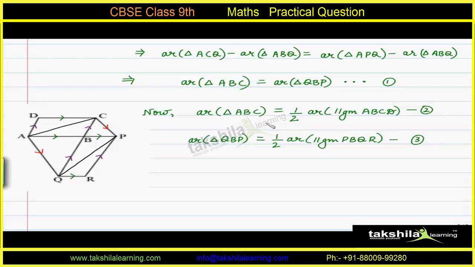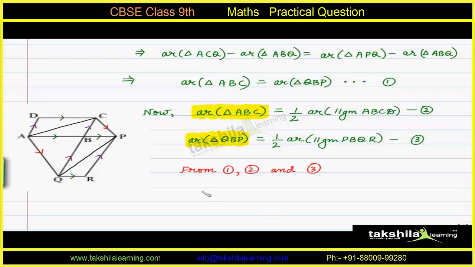Now we have already proved that area triangle ABC is equal to area triangle QBP. So in second and third, if the LHS are equal, then automatically the RHS also becomes equal. So from 1, 2 and 3, we can say that half area of parallelogram ABCD is equal to half area of parallelogram PBQR.